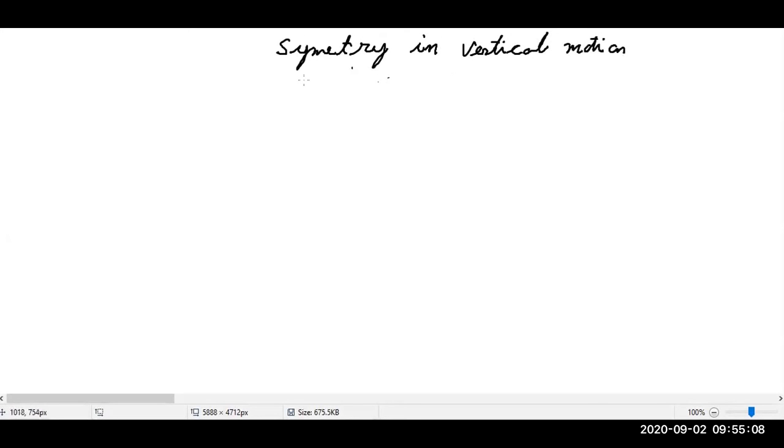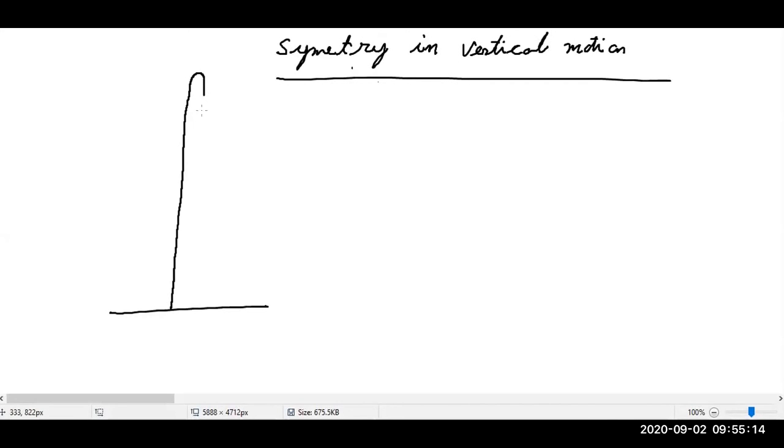So what kind of symmetry do we have? Suppose an object is going up and then coming down. What are the different symmetries we are already doing? The time for the upward journey is the same. If this time is T1 and the downward time is T2, then T1 equals T2. That is one symmetry.